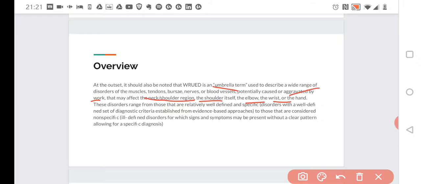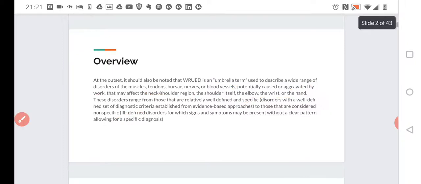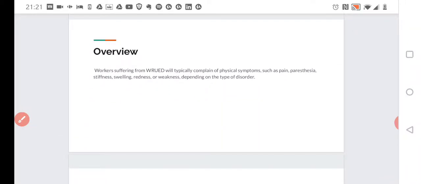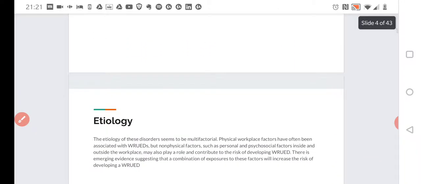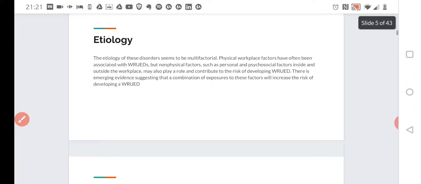These disorders range from relatively well defined and specific, easy to describe by the worker or the patient, to such that are quite ill-defined, so they are hard to describe by the patient. And generally, the most common symptoms are pain, paresthesia, stiffness, swelling, redness, or weakness, depending on what we are talking about.